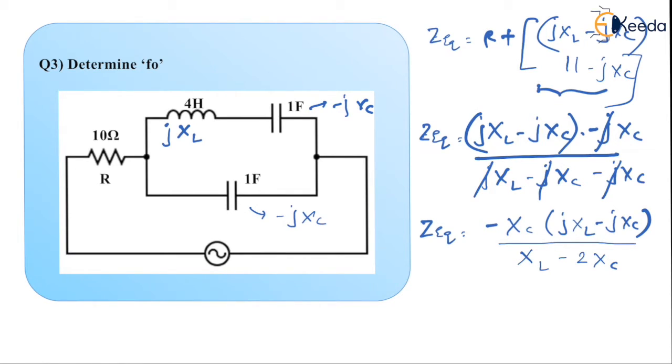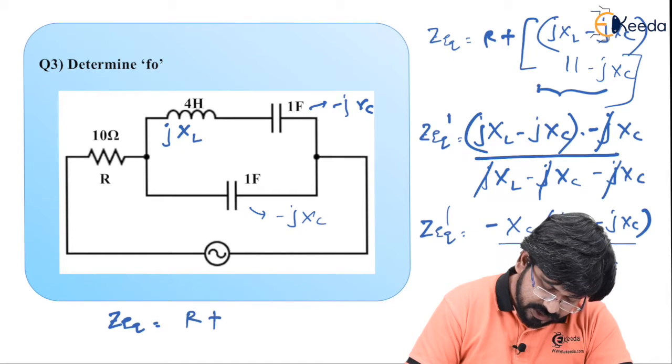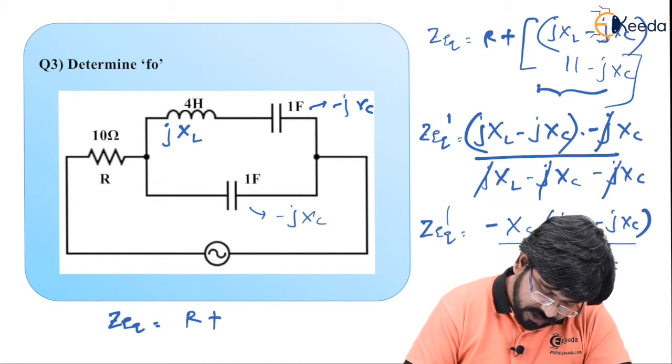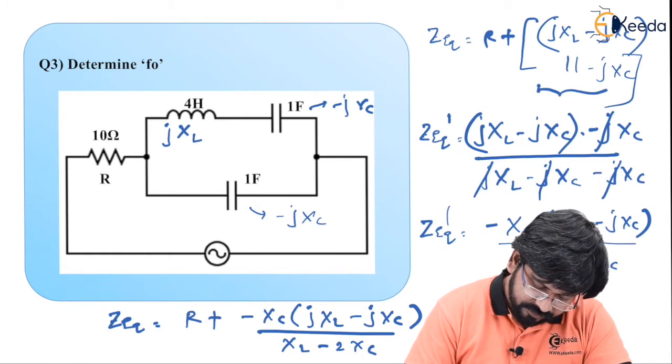But this is not actually Z equivalent. I would say this is Z equivalent dash because it is just a part of the second term. The complete Z equivalent is R plus the whole term, which is minus XC into JXL minus JXC whole divided by XL minus 2XC.